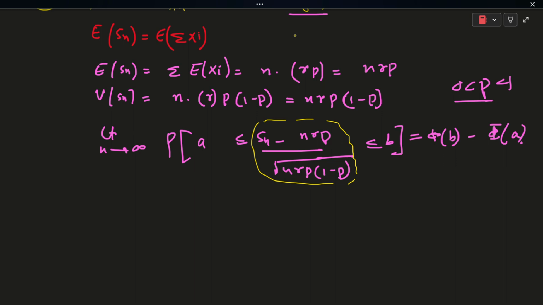Always you find that there is an equality sign as well. Strict inequality means whenever you have Z greater than a, Z greater than b. In this case, CLT is not useful. There will always be non-strict inequality like this, right?